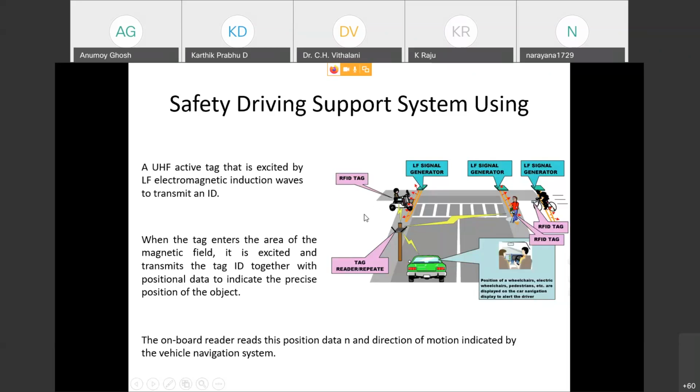Now the controller decodes all the GPS positions and gives the actual positions of the scooter and the bicycle with respect to this crossing. This same information is sent to the reader, which gives it out everywhere, and it is intercepted by the tag of this car.